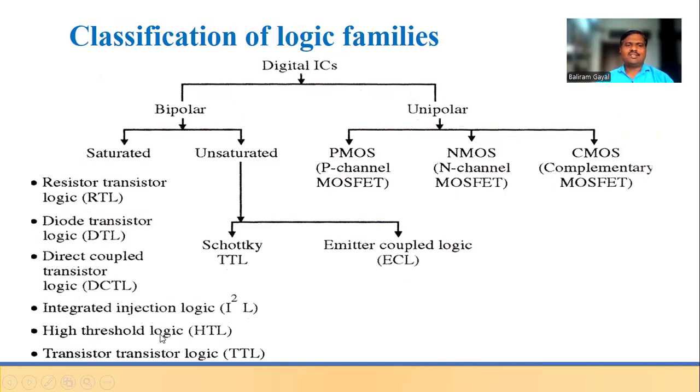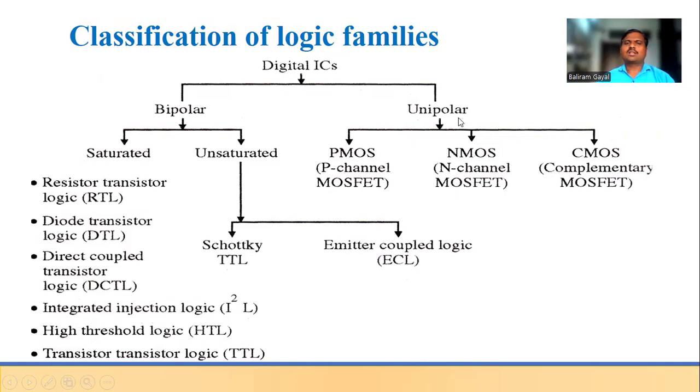Out of this, DCTL and TTL are the most common. And under this bipolar, there is an unsaturated type, and this unsaturated is classified into two categories: Schottky transistor logic and emitter coupled logic.